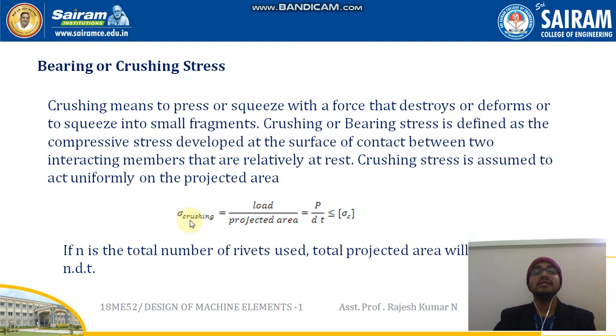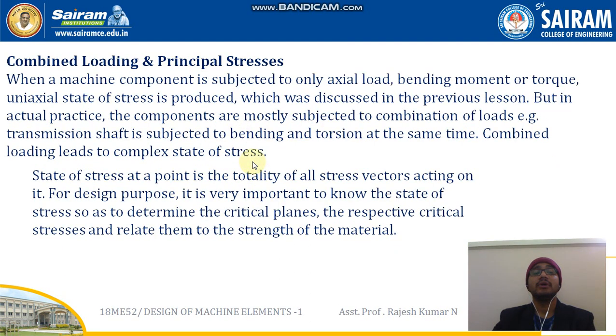So the crushing stress can be written theoretically as load by projected area. Load can be denoted with capital P and projected area can be denoted with D into T, which is less than or equal to the allowable crushing stress. And if small n is the total number of rivets used, then the total projected area will be n D T.